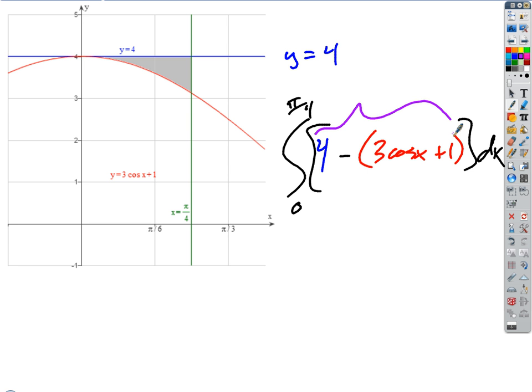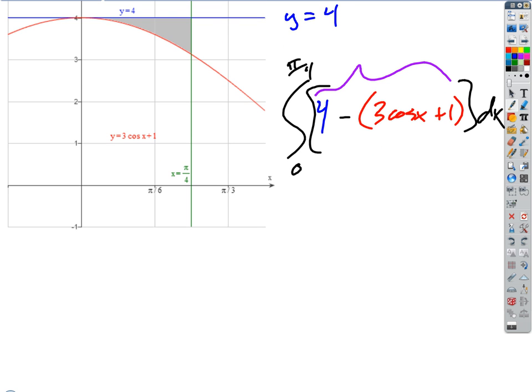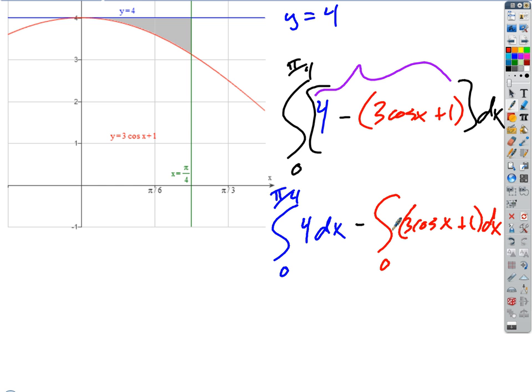Yeah. So let's talk about that for a second. We've got the area under the blue line. That's this guy, that's the 4, right? We can think of it this way. Here's another way to look at it. We've got the integral of 4 dx from 0 to 5/4 minus the integral of 3 cosine x plus 1 dx from 0 to 5/4.